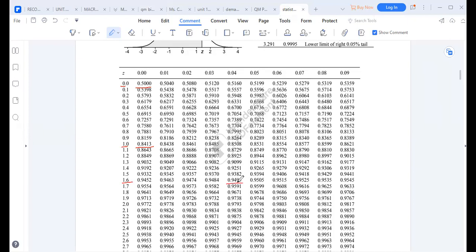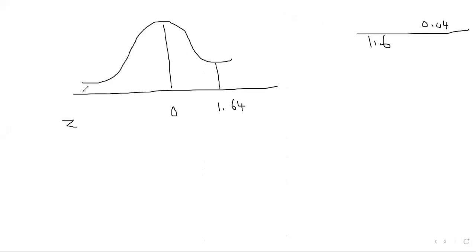This one will give me 0.9495. So this means that the reading from here up to there will be 0.9495. Can somebody guess? If I'm using the other half table, what do you think the reading will be from here to there?